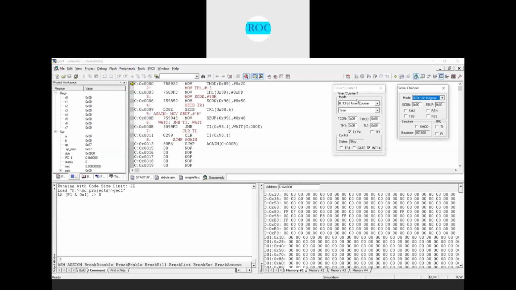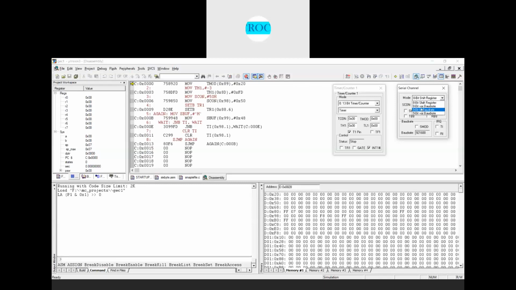You can see here the timer has 4 different modes, and the serial port also has 4 modes here, right? Mode 1 for serial communication is 8-bit variable baud rate. When I say variable baud rate, as we discussed, 9600, we can also program it for 4800 baud rate, 2400 baud rate, or 1200 baud rate, right?